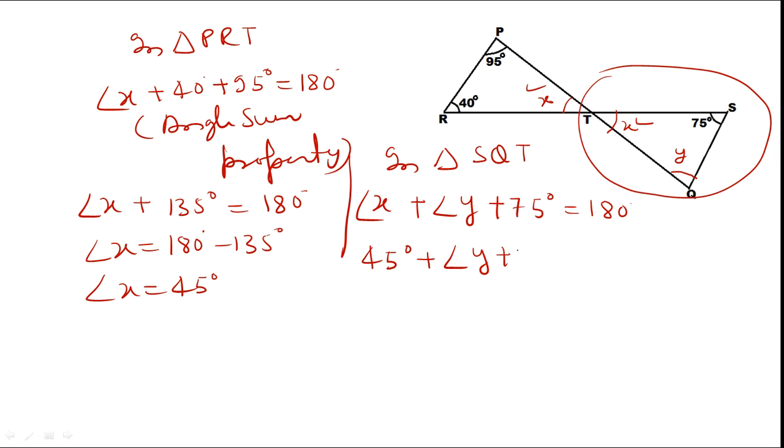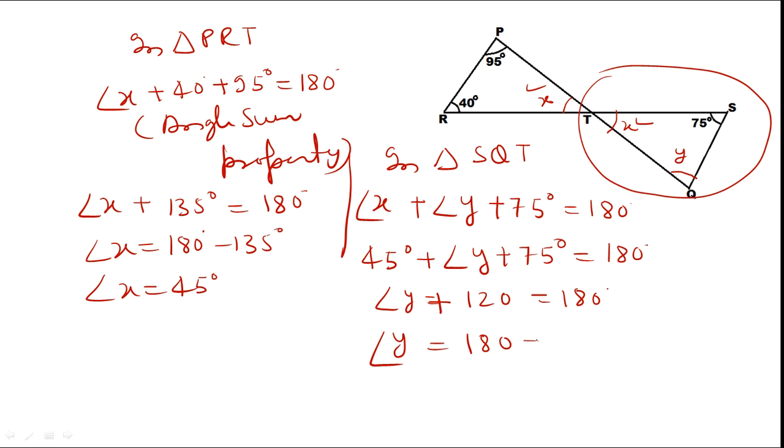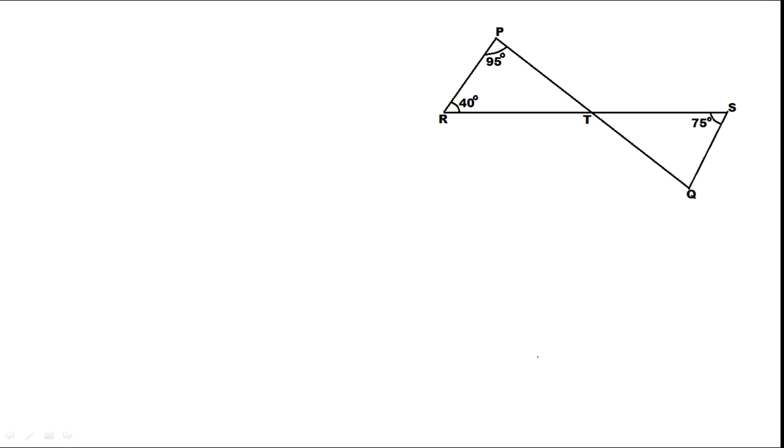Angle Y is to be determined. So 45 plus 75 is 120, and that is equal to 180 degrees minus angle Y. So angle Y is 180 degrees minus 120 degrees, which is 60 degrees. We were asked to calculate SQT, so SQT is 60 degrees.